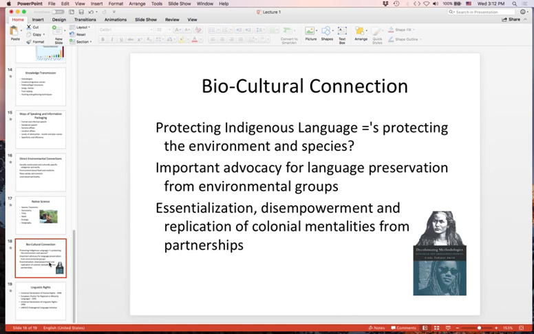Another area where we'll see connections for the rationale for preservation of language is around biocultural connections. It's not a coincidence that many times we see language endangerment, cultural endangerment, and environmental endangerment in the same location.